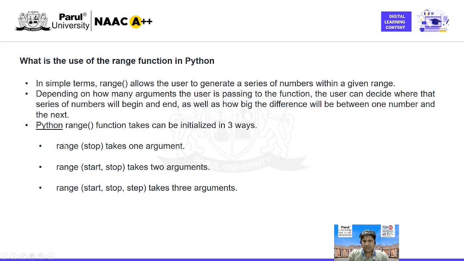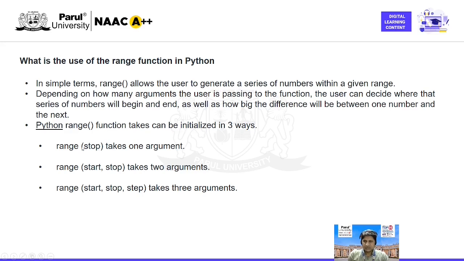Range, the first one is range with only one parameter provided, that is stop. It means in this type of function calling, the value of start and the value of step are treated as default.